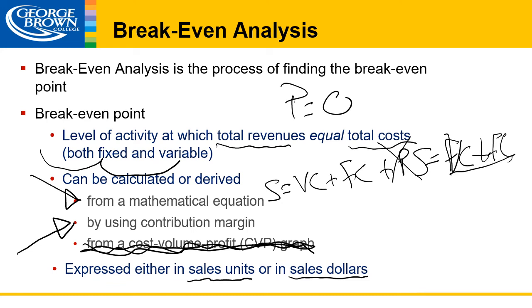So if you know those two items, the addition of your variable costs plus your fixed costs equals your break-even point in sales. The contribution margin method is what we're going to be using in the following slides, and it's very easy, very straightforward, and you don't need a lot of information to do it.